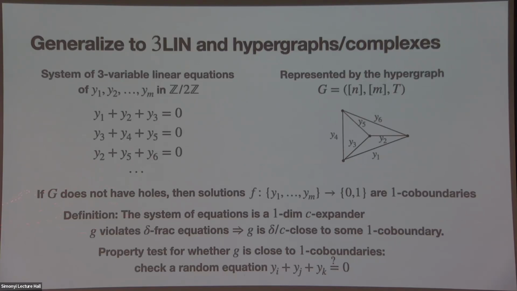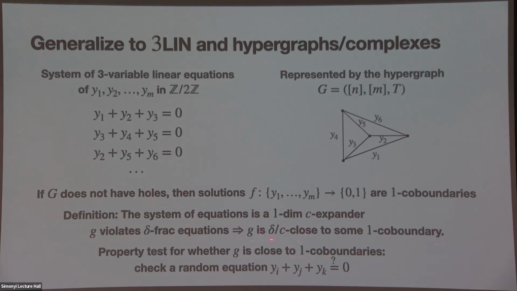Now we can give the definition of a C expander for this setting. This system is a one-dimensional C expander if for any assignment g over the edges, if it violates a delta fraction of these equations, then it's close to being a one-coboundary.